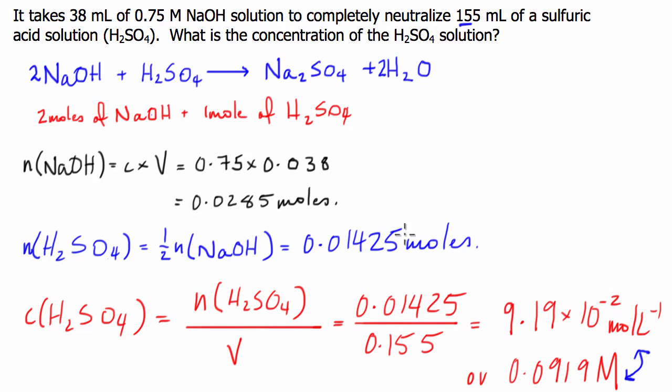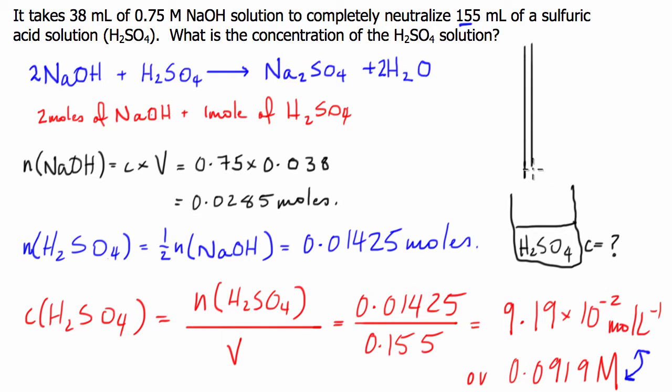So let's just have a look at how we solved this in the end. First of all, let's say we have a beaker and it is filled with H2SO4 at a particular concentration. But the concentration of this is unknown. What we have is, in some sort of burette above it, sodium hydroxide.